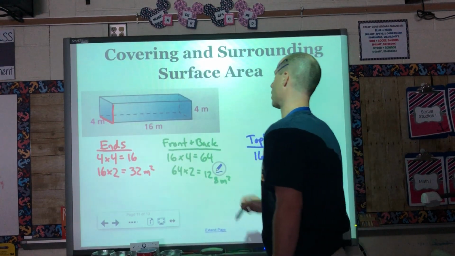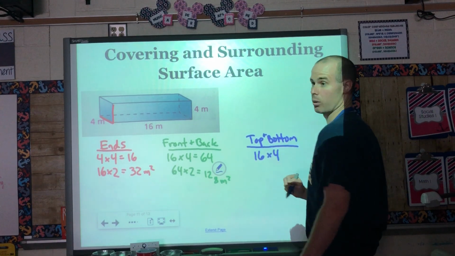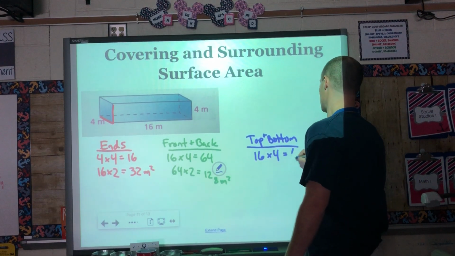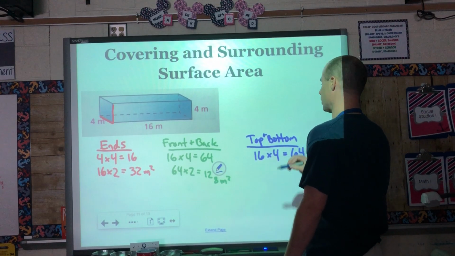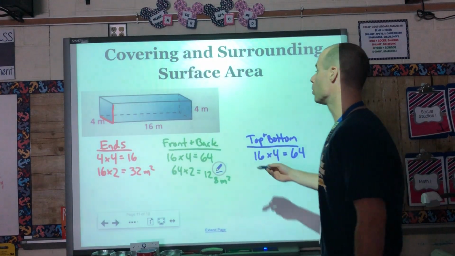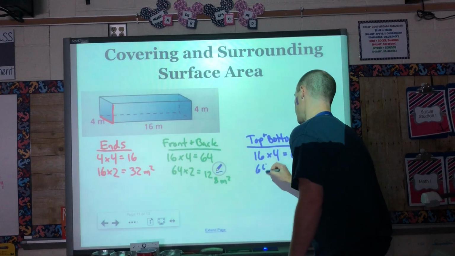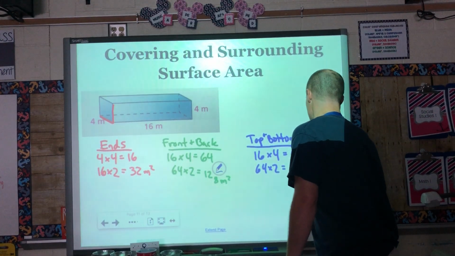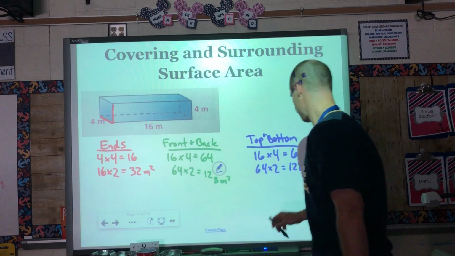So just like our front and our back, our top and our bottom are also going to be 16 by 4 rectangles. So the top or the bottom is going to have 64 square meters for its area, but again, we have 2 groups of them. We have a top and a bottom, so I really have 2 groups of 64 again, which we know is going to give us 128 square meters.